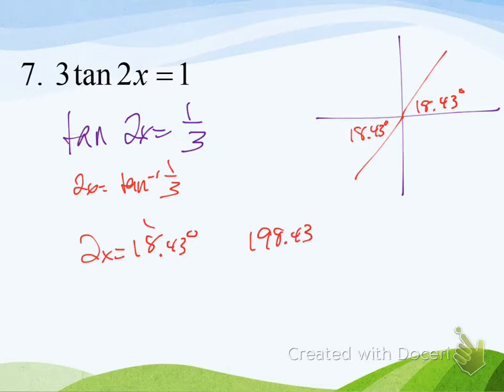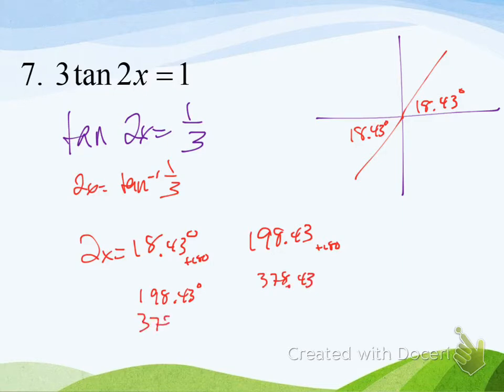Okay? Now, again, we're multiplying our angle by 2, so that means our cap is 720. So we want to add, now this is tangent, so again, tangent repeats its values after 180 degrees or pi. So we have to add 180. Remember that we're adding 180 when we work with tangent. So add 180 to 18.43 and you get 198.43. Add 180 to 198 and we get 378.43.